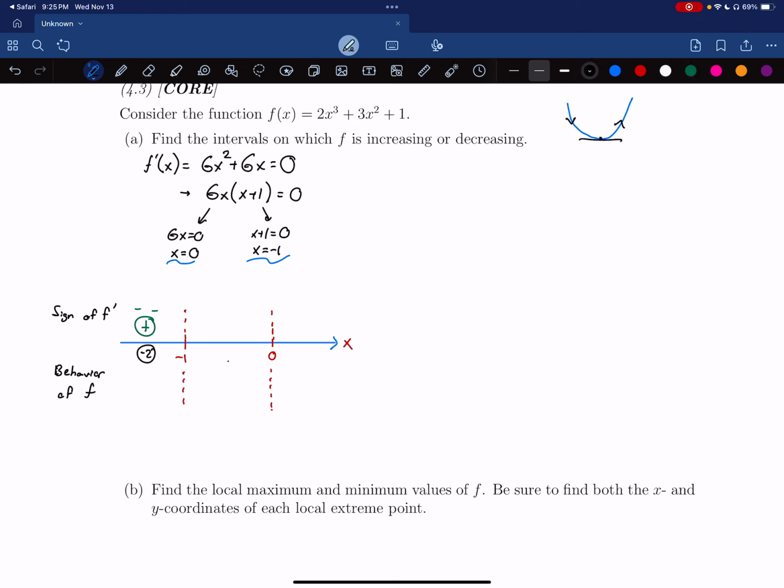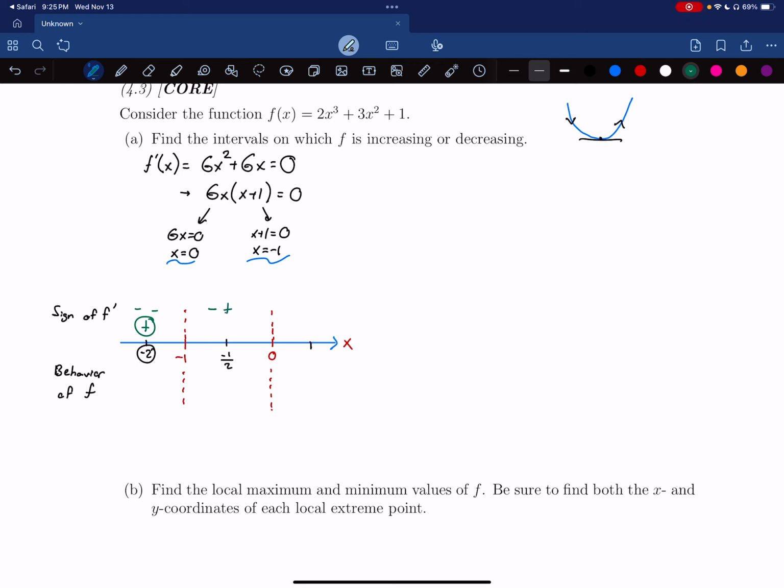Now let's consider a point, let's call it negative 1/2, because it's between negative 1 and 0. So if I plug in negative 1/2 for 6x, I get a negative. But then negative 1/2 plus 1 is a positive 1/2. So that's a positive.